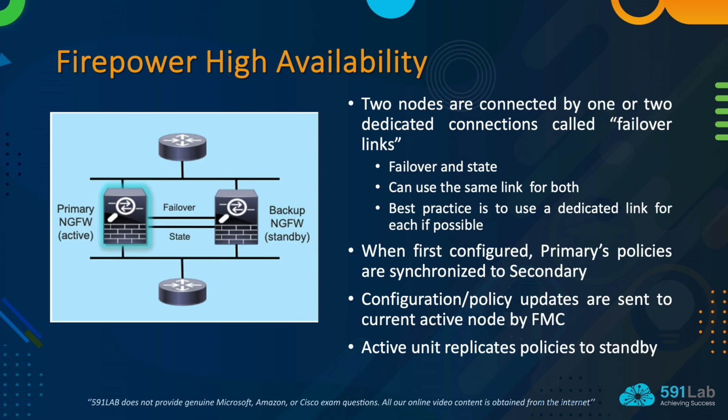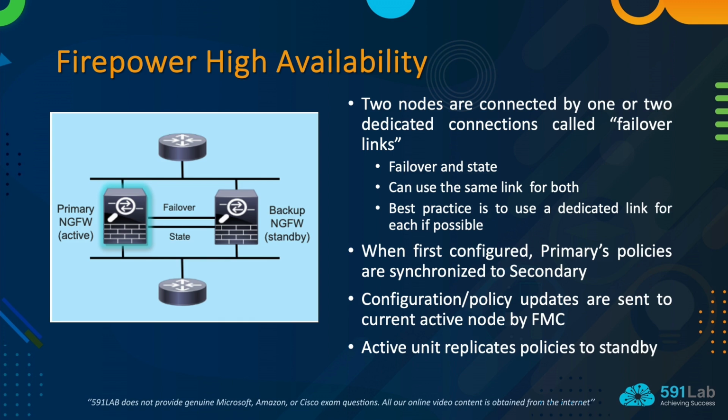Failover and state refers to the processes of transitioning from the primary device to the secondary device in the event of failure. When a failover occurs, the secondary device assumes the role of primary device and begins passing the traffic. State information, which includes things like firewall policies and connection tracking tables, is synchronized between the two devices to ensure a smooth transition.